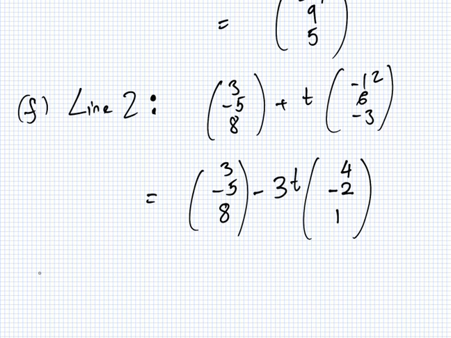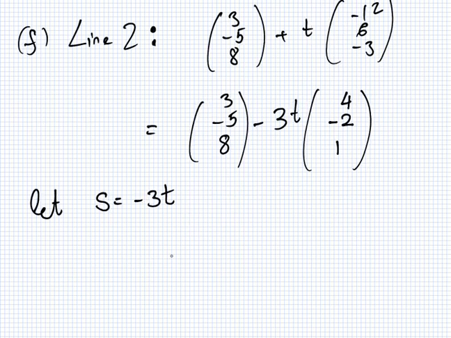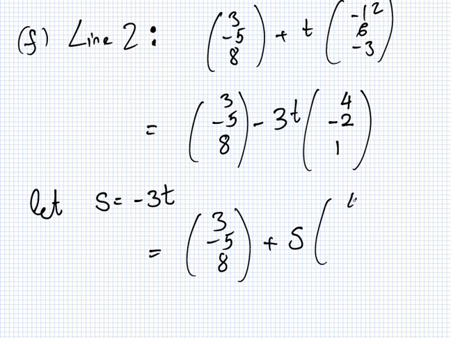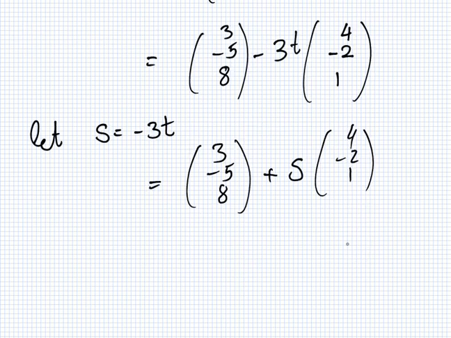Now what I could also say is let S equal minus 3t. So then this would be 3 minus 5, 8, plus S, 4 minus 2, 1. Now this is line 2. Line 1, what was the formula?